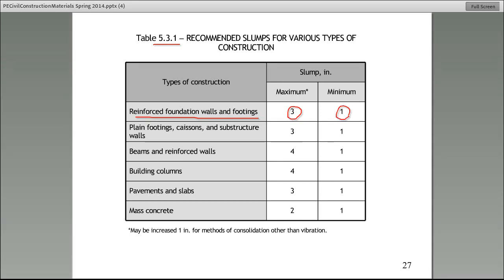By the way, we don't just use one number. We use a range. In this case, 1 to 3 inches of slump would be specified based on table 5.3.1. Now, by the way, these table numbers are the actual table numbers from ACI 211. All right? They may ask you mass concrete. What slump would you use, or specify, for mass concrete? Minimum of 1, maximum of 2. This is how this works.